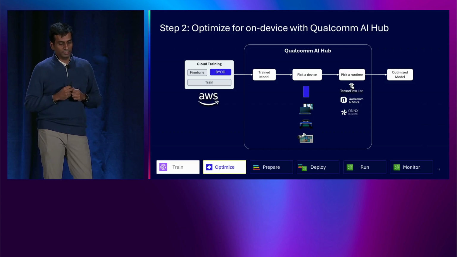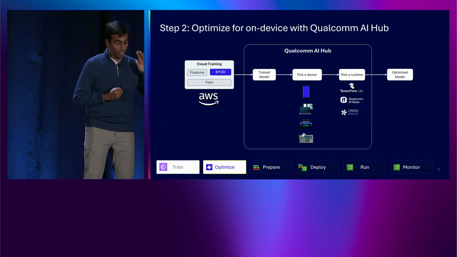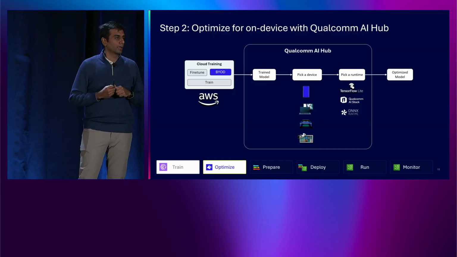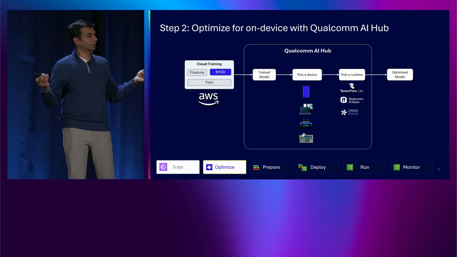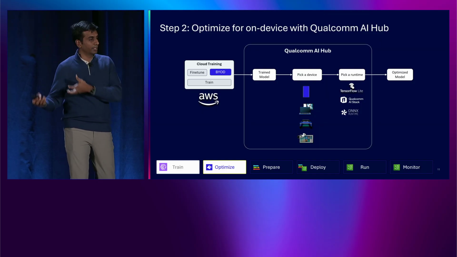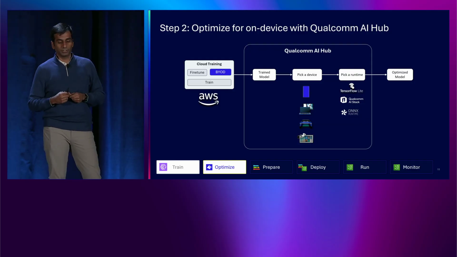And what it is, basically, is a fully automatable service, which allows you to point at a trained model, and then you pick a device, depending on what device you're deploying to. So it could be a mobile application, or it could be an IoT application, which is what we're going to show you right now, or it could be something in an automotive application as well.